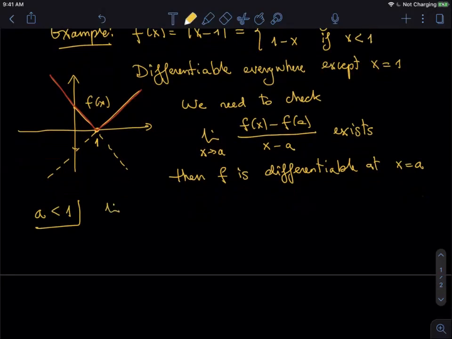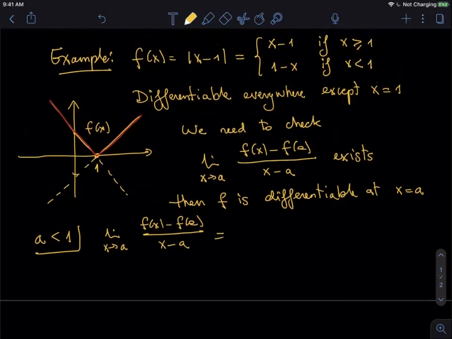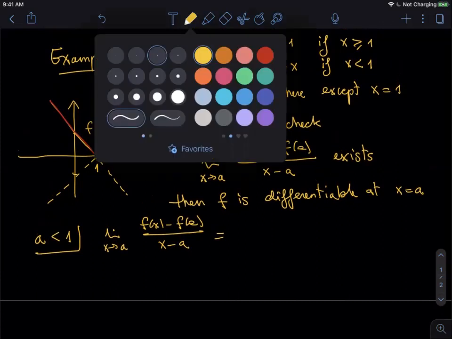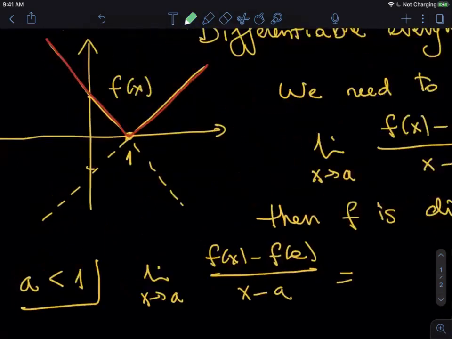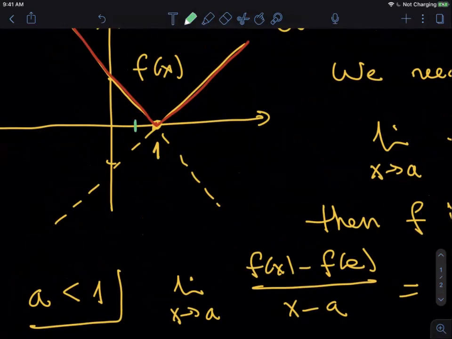But in this case, the limit is as x tends to a, f of x minus f of a divided by x minus a. These problems are always the same. Now we write down what is f of x. So because x tends to a, which will be a number here and a number less than 1, and we are interested in the limit, we can take values that are very close to a.